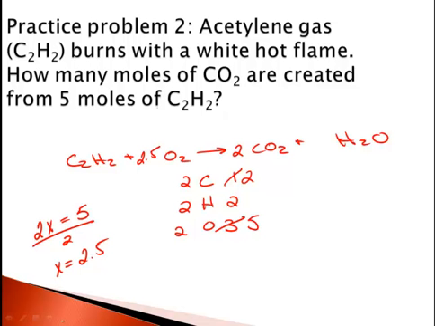I can't have that 0.5, so what I'm going to do is, just like I did with empirical formula, multiply all of my coefficients by 2. So I multiply everything by 2, and my balanced equation is 2 C2H2, 5 O2, 4 CO2s, and 2 H2Os.